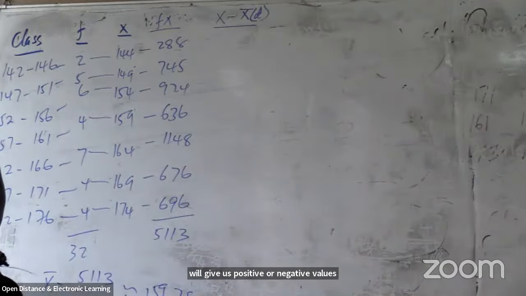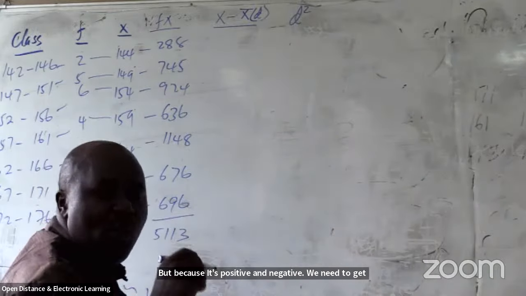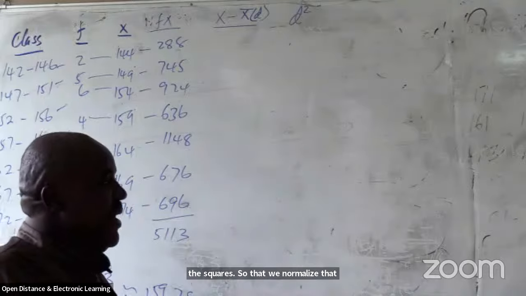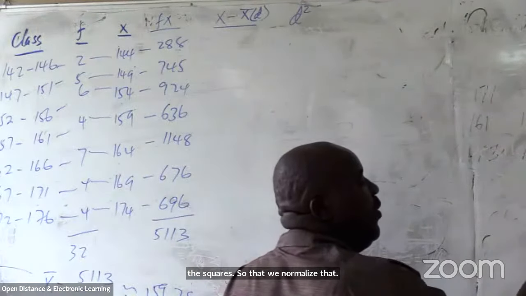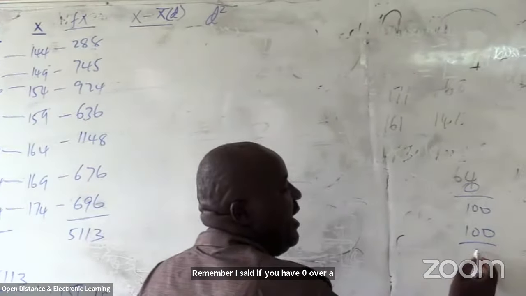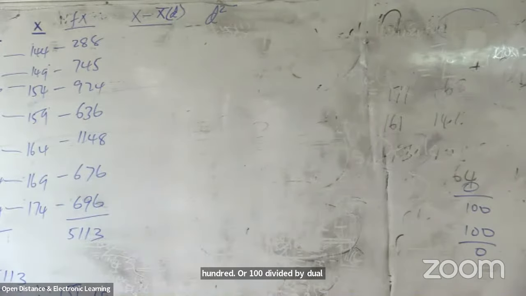But because it's positive and negative, we need to get the squares so that we normalize that. Remember I said, if you have 0 over a number, say 100, or 100 divided by 0, this is an indeterminate form, an undefined form. So we square that.